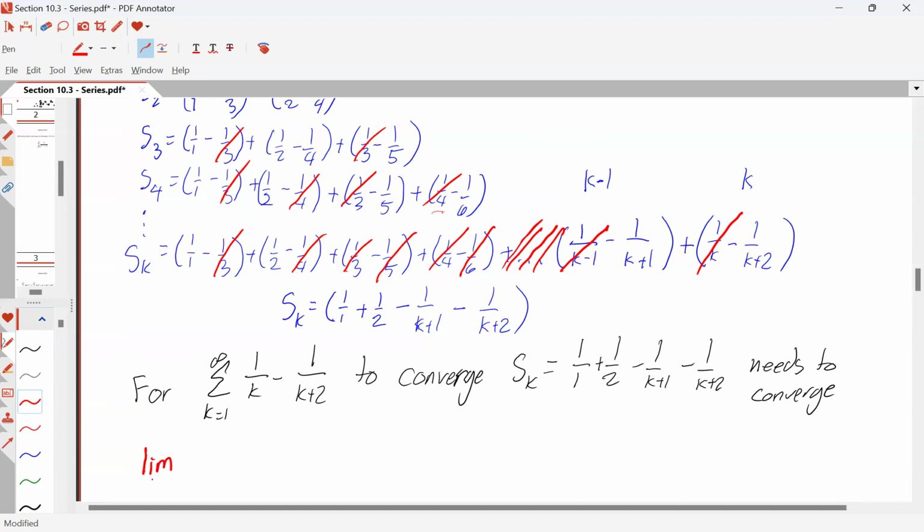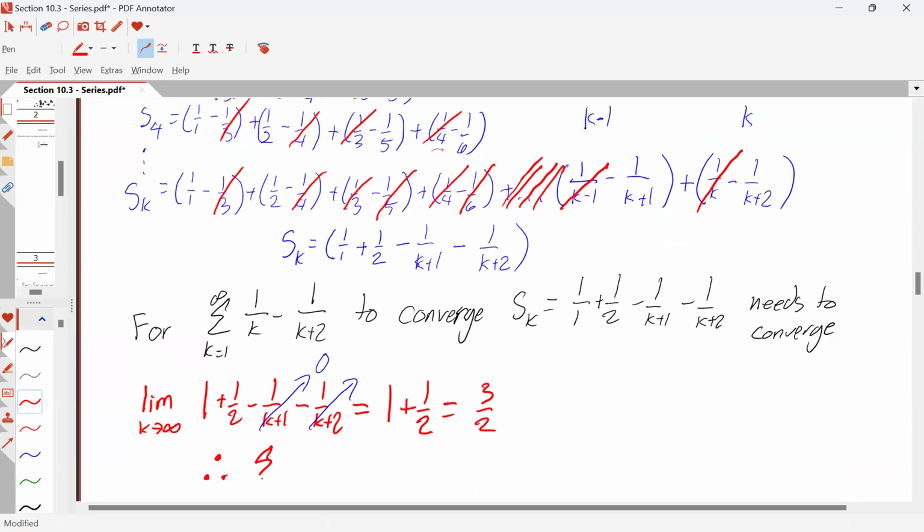So we look at that limit, as k goes to infinity of 1 plus 1/2 minus 1 over k plus 1 minus 1 over k plus 2. 1 stays. The 1/2 stays. 1 over k plus 1, as k goes to infinity, that fraction will go to 0, and 1 over k plus 2 will also go to 0. So the limit of this sequence is 3/2.